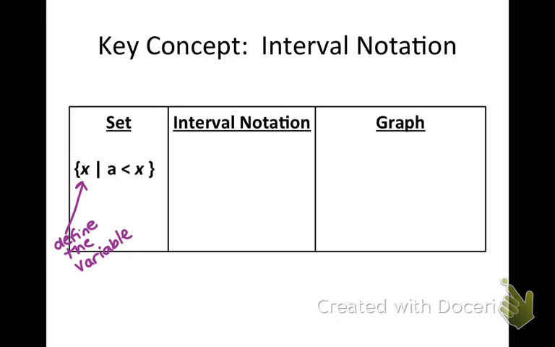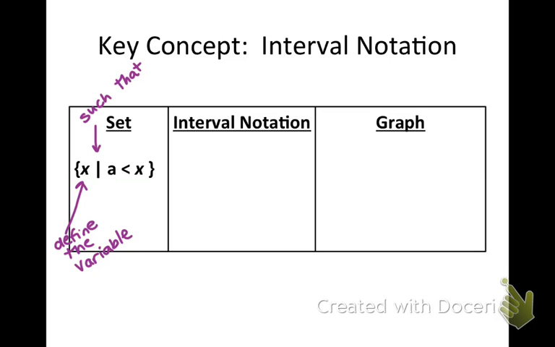In this case, our variable is most likely going to be X. That line, or that bar, stands for such that, and then this gives you your rule. So, X such that A is less than X, or I'd like to say X is greater than A. That's the way that I think about it.